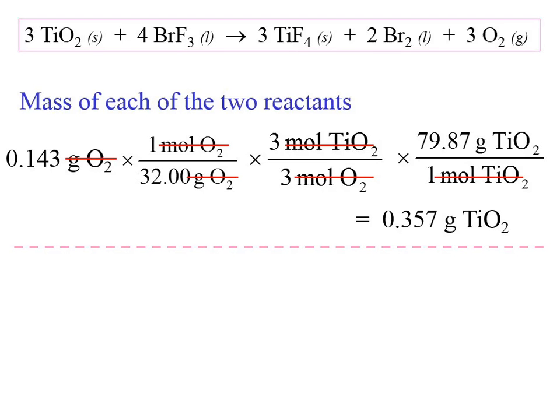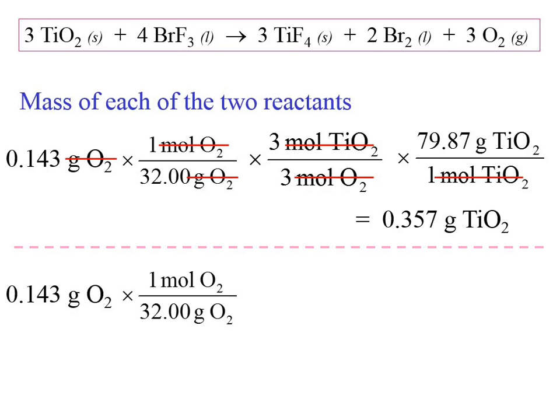And actually, sometimes it feels like deja vu because the second term is the same also. We're going to take that 0.143 grams and multiply it by the flipped version of the molar mass of O2: 1 mole of O2 over 32.00 grams of O2.